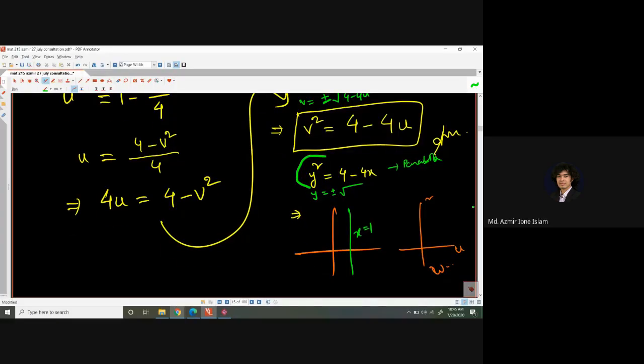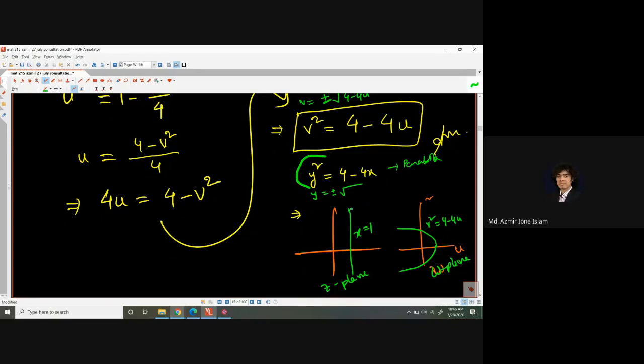So the image is now looking like a parabola. That means it is v squared equals 4 minus 4u. Whatever we have in the z plane, the image of x equal to 1 is now a parabola in the w plane. Do you understand the insights of this? Yes, sir.